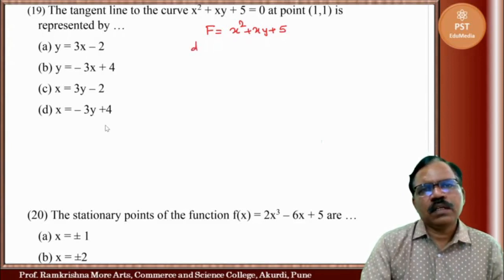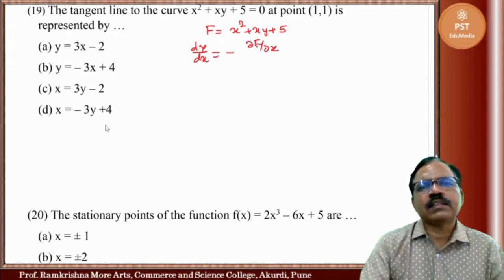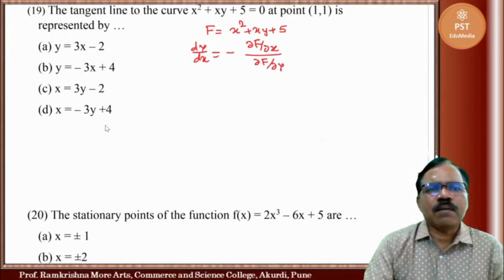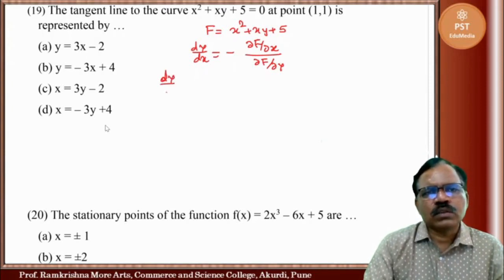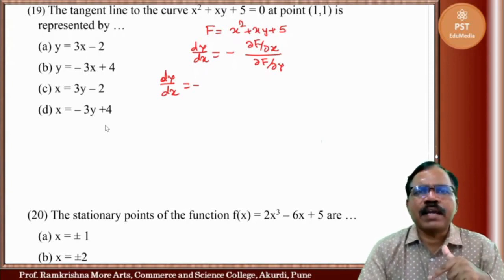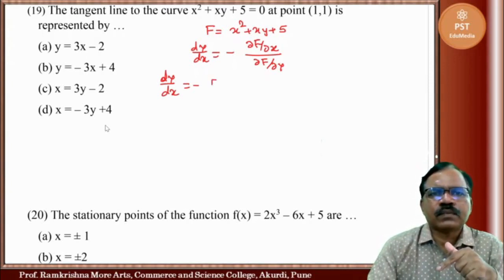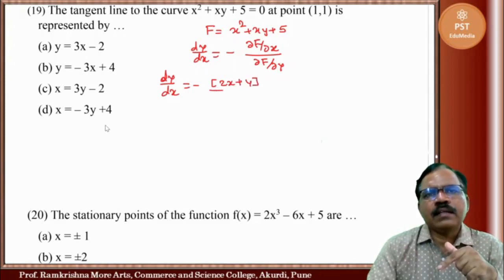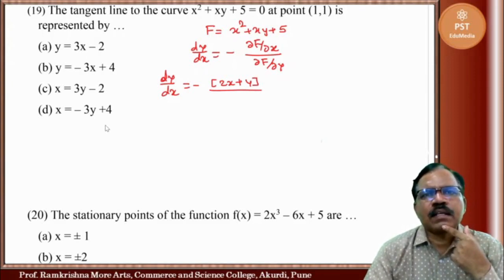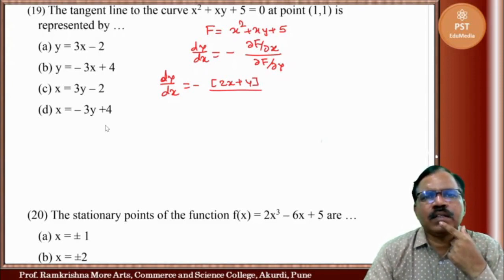What is slope? dy/dx is slope, and it is equal to minus ∂f/∂x upon ∂f/∂y. So dy/dx is equal to minus, now ∂f/∂x, so we'll get here 2x plus y, and ∂f/∂y, you will get only x.